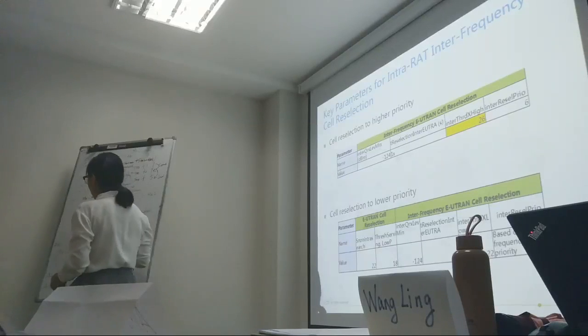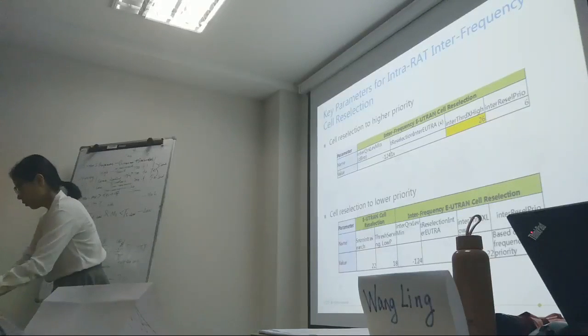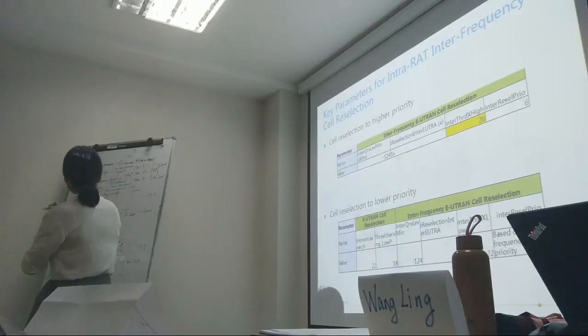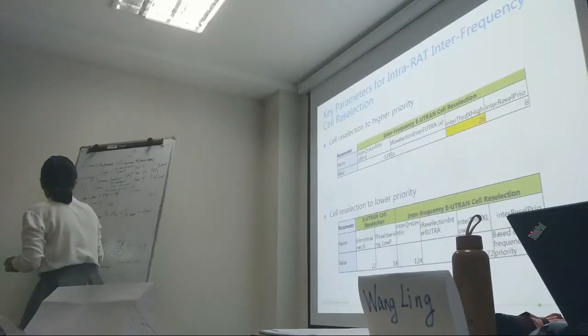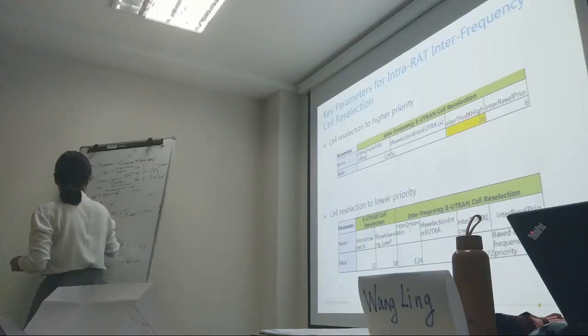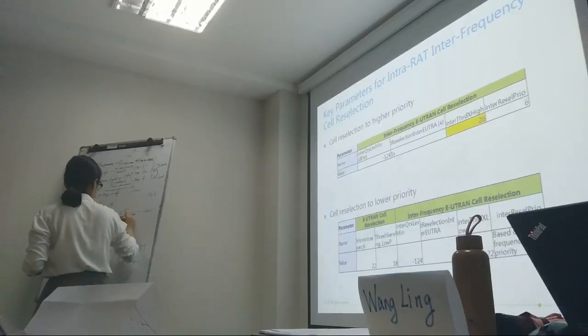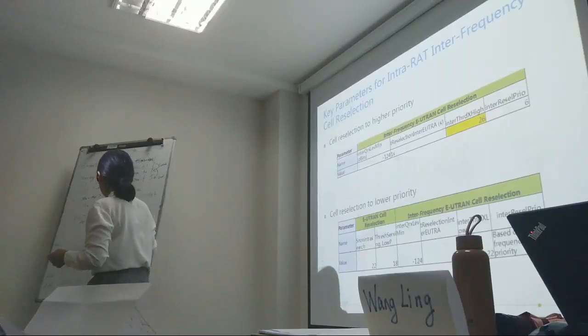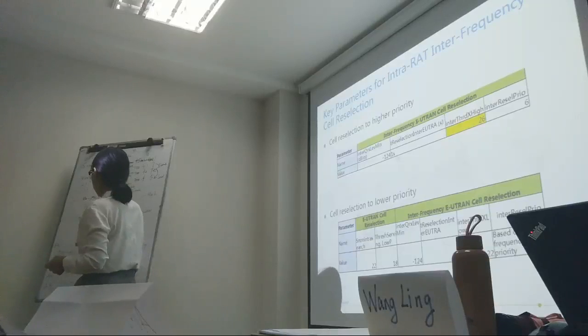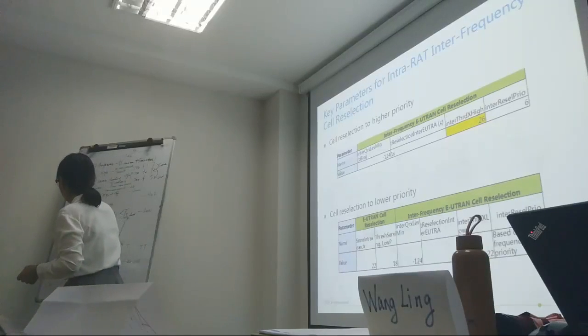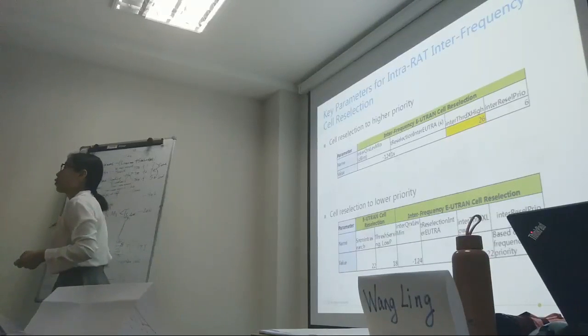For example, this is a low priority. This is the same. This is the high priority. If the line is here, that means RSRP is good.